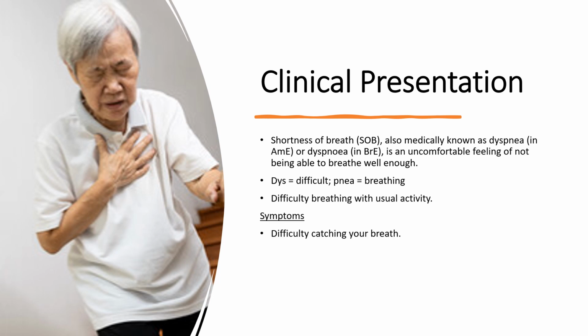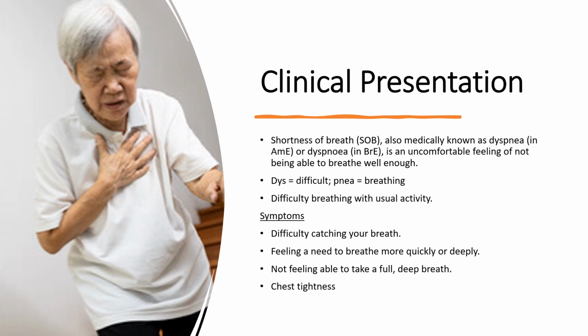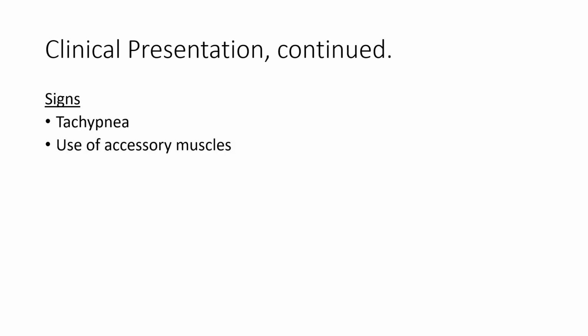Of course, difficulty catching your breath, feeling a need to breathe more quickly or deeply, not feeling able to take a full deep breath, chest tightness. Patients with dyspnea often breathe faster than usual. We call that tachypnea. And they often use accessory muscles of respiration, like in the abdomen, the neck, the shoulders, when they are having difficulty breathing.